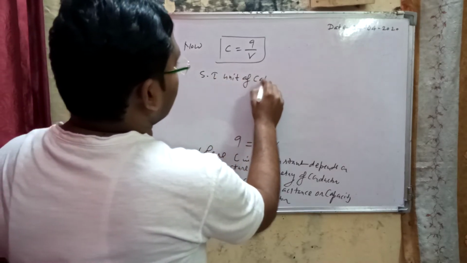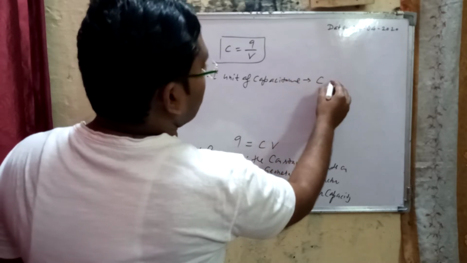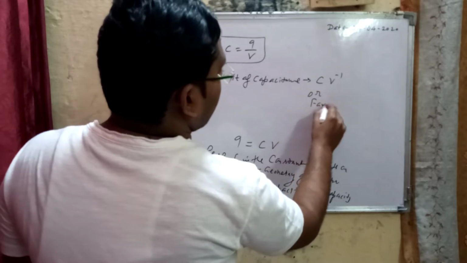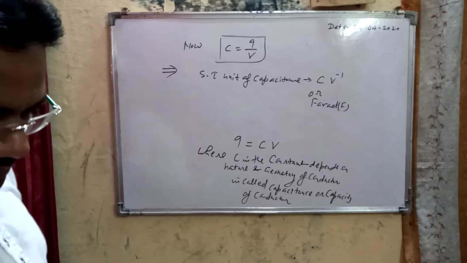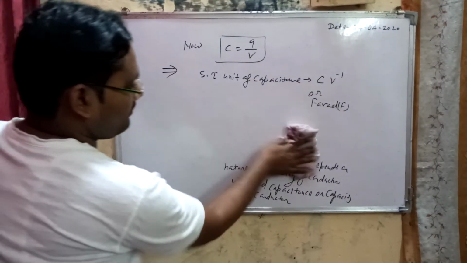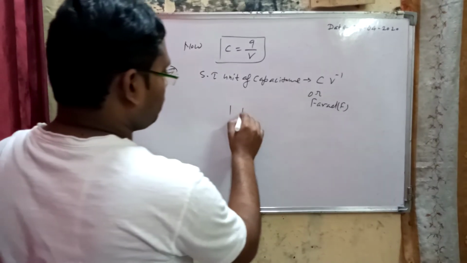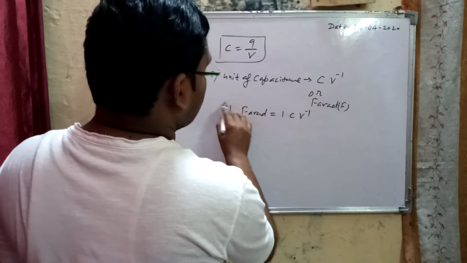The SI unit of capacitance is coulomb per volt or farad. Now here 1 farad is equal to 1 coulomb per volt.